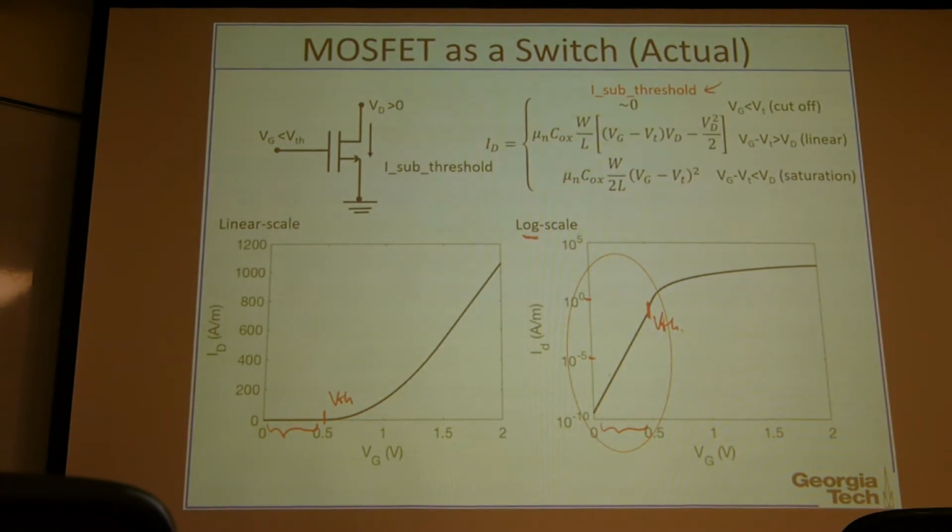So previously we had a zero here, but now we replace that zero with this subthreshold current, which is non-zero but very small. As you approach zero gate voltage, this current will exponentially reduce.